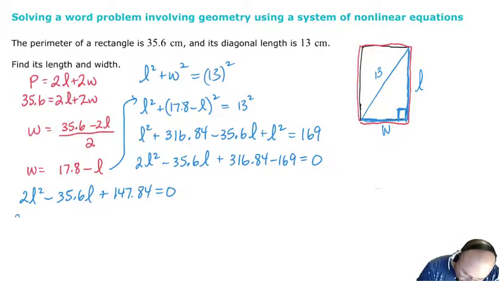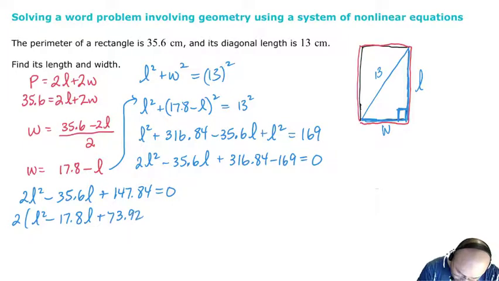Let's factor out a 2, and we get L squared minus 17.8 times L, and then 147.84 divided by 2, that is 73.92, is equal to 0.